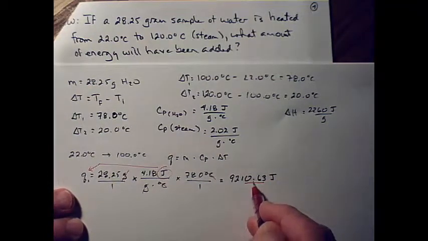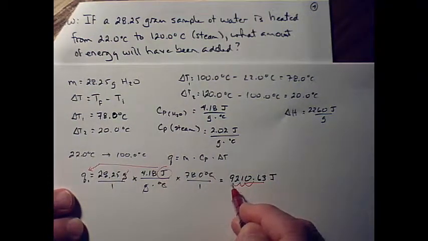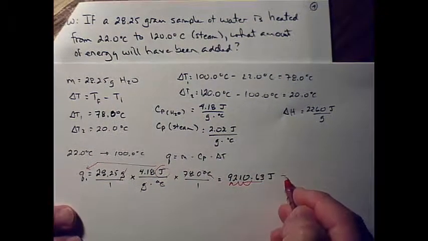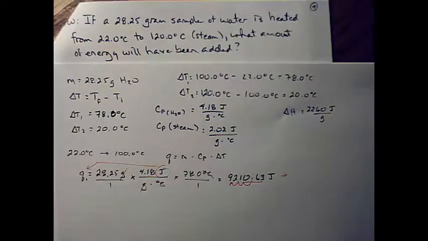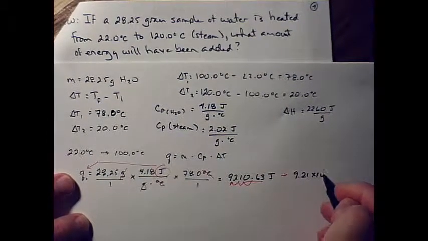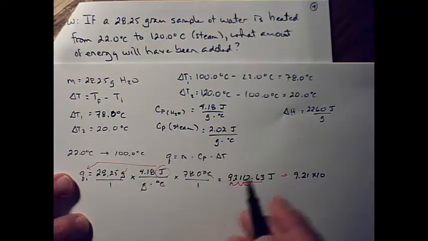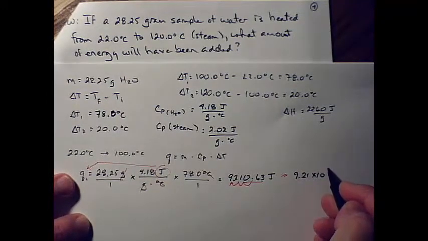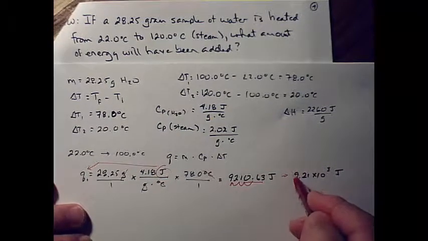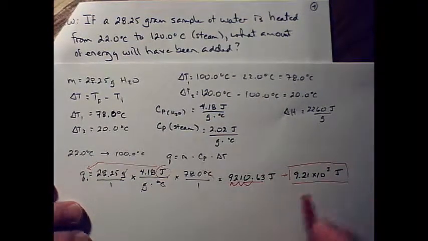We have to move our decimal place 1, 2, 3 places to put it between the first and second non-zero digit. So we can write our answer in scientific notation. And we're going to get 9.21 times 10 to the, since I moved it 3 places to the left, a positive exponent of 3. Okay? And so there's Q1, the first energy change.